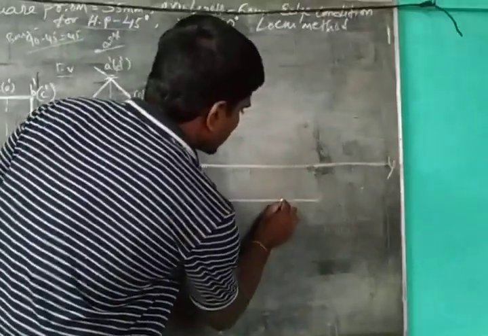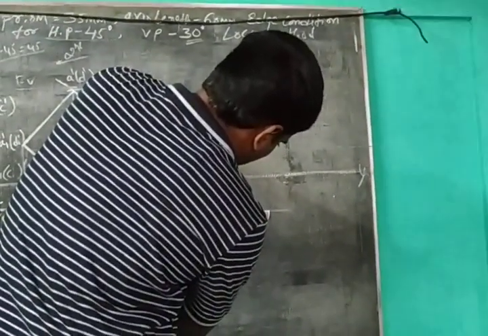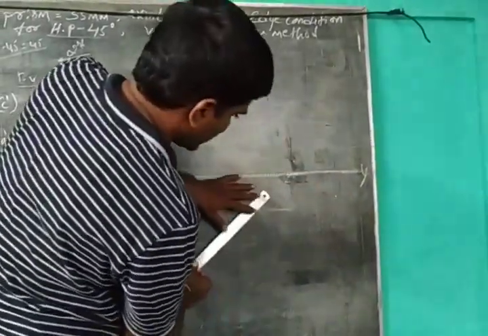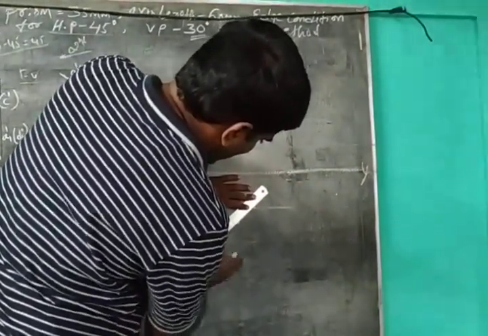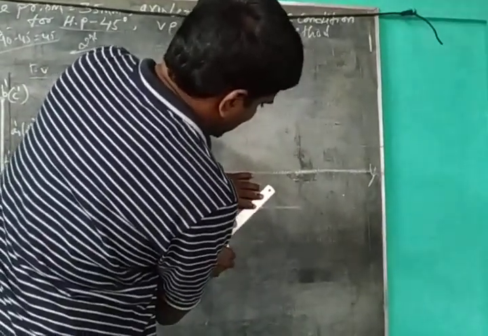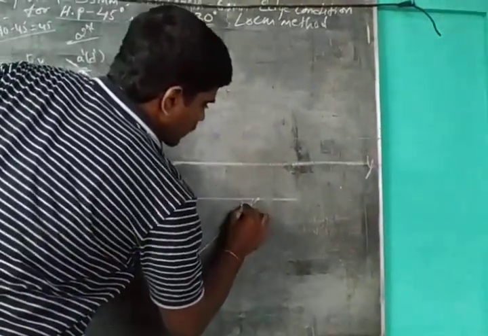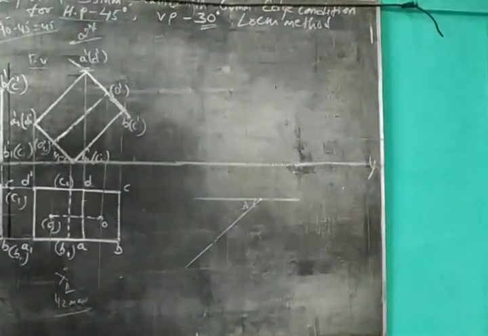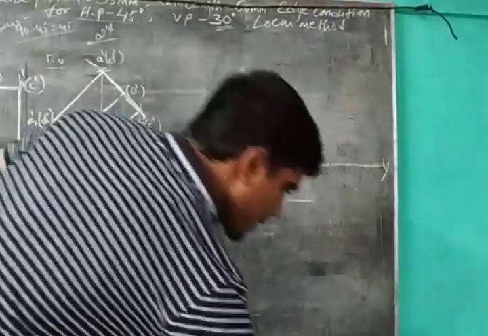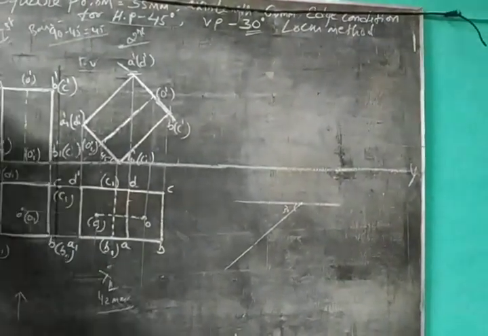So mark here 30. So first draw 30 degrees. Okay, so next take this.